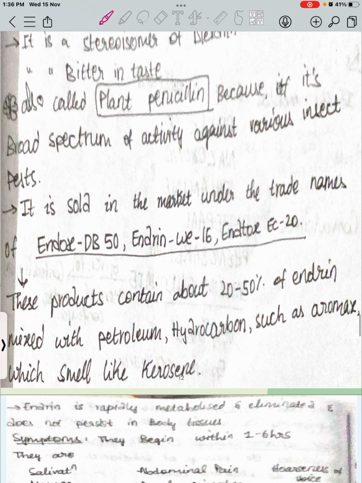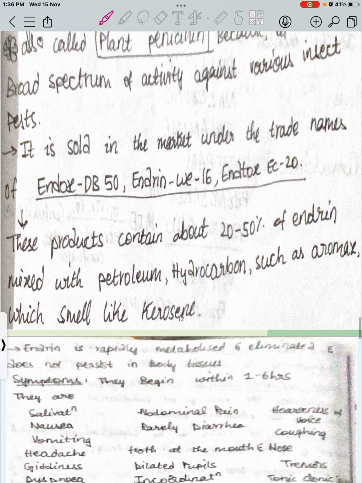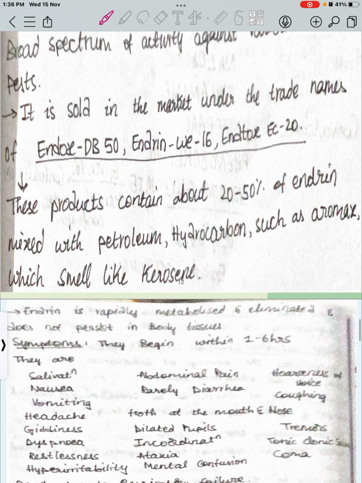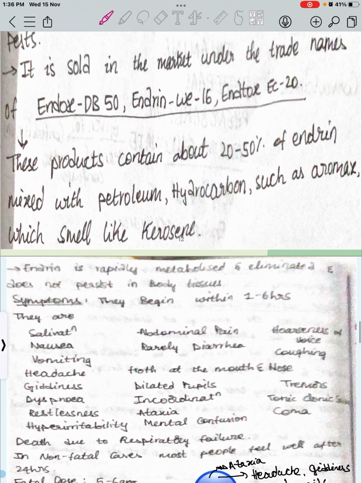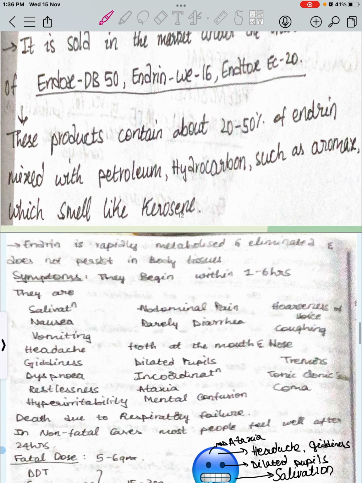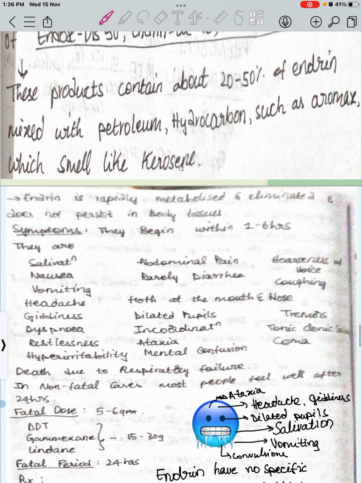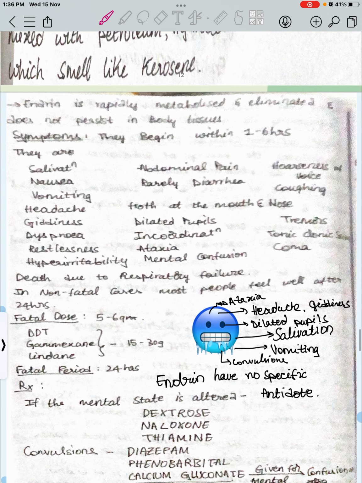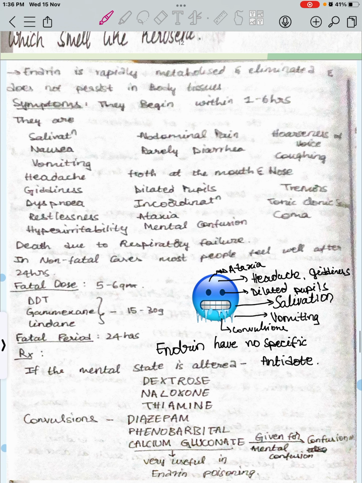It is sold in the market under trade names like Endox DB50, Endrin B16 and Tox EC20. These products contain about 20 to 50% endrin mixed with petroleum hydrocarbons such as aromatics, which smell like kerosene. Endrin is rapidly metabolized and eliminated and does not persist in body tissues.